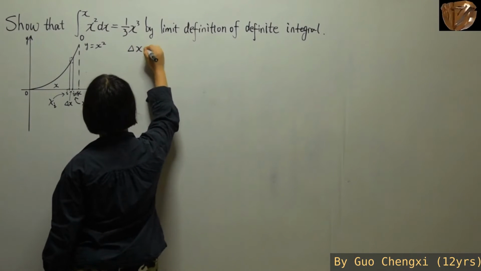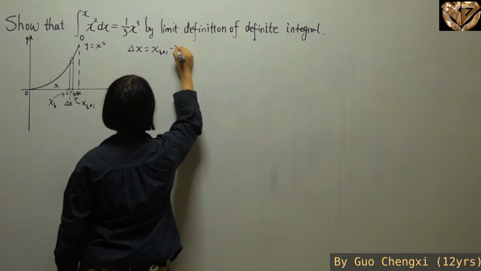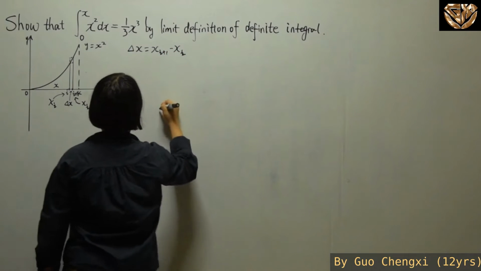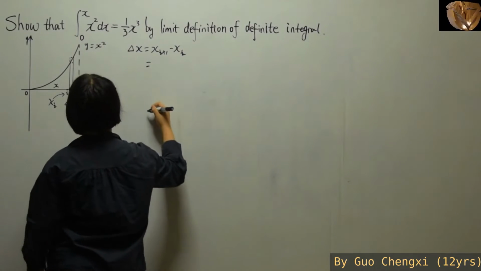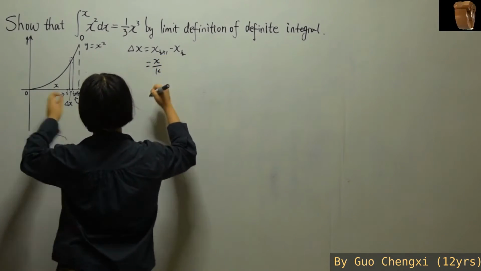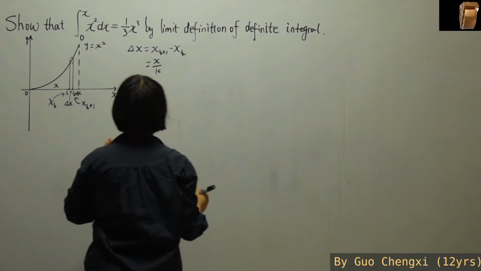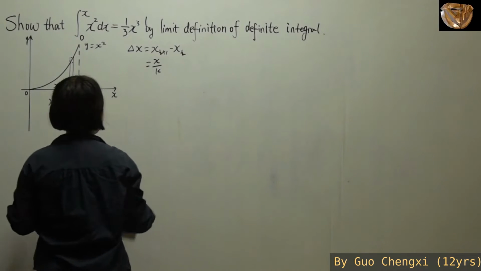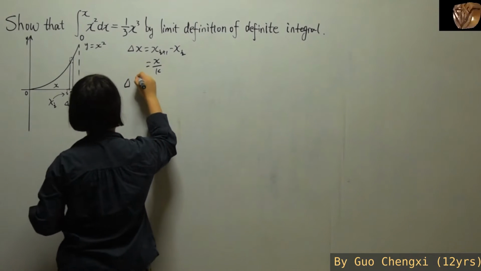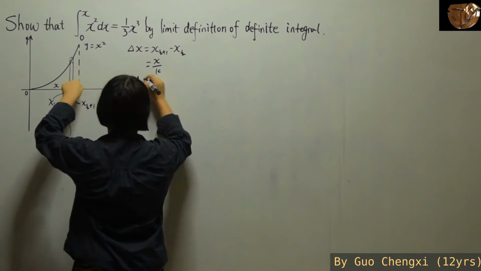Delta x is the width, basically xi plus 1 minus xi, so it's basically x over k, because of the k parts and the difference between these two is one of its parts. And now we can also find its area for one small strip, okay?